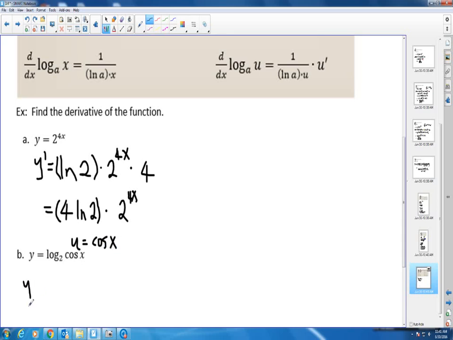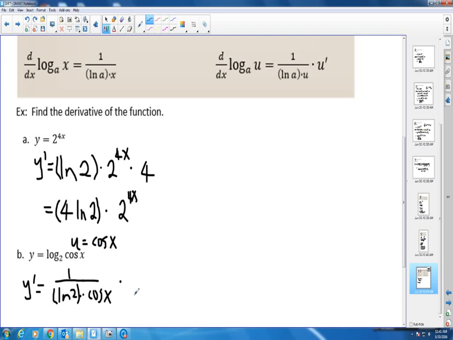Alright, so my derivative will be 1 over natural log of my base. Natural log of my base is 2, times my u down here along with natural log of a. My u is cosine of x, then times, outside the fraction, u prime.